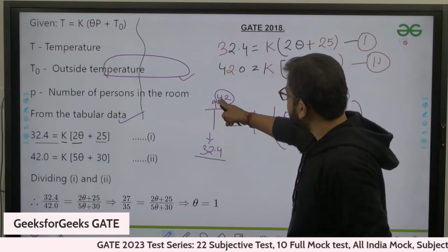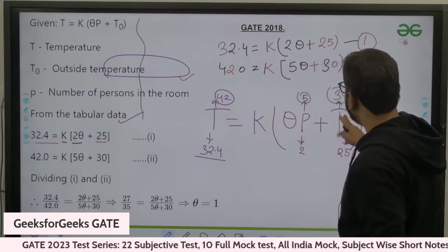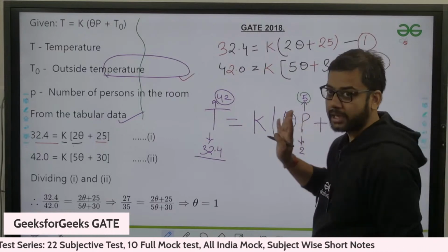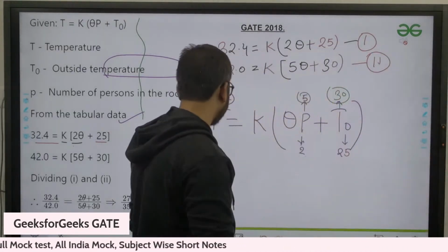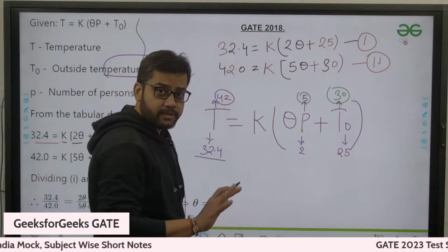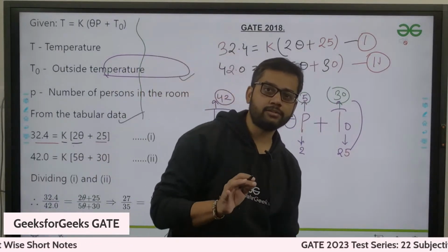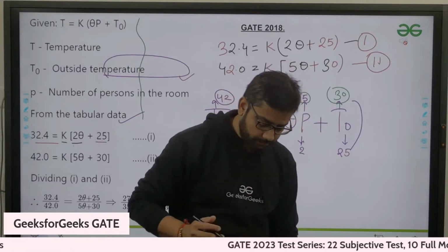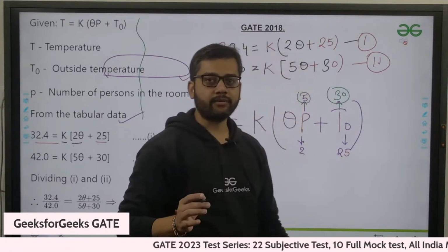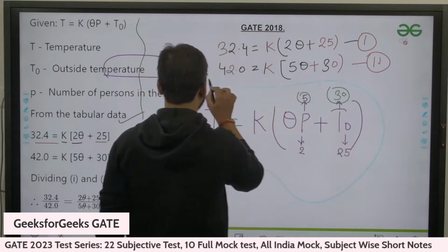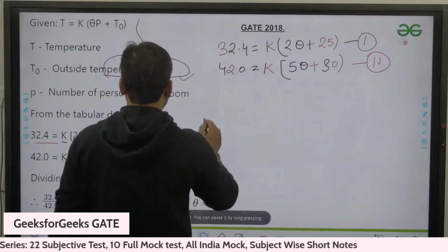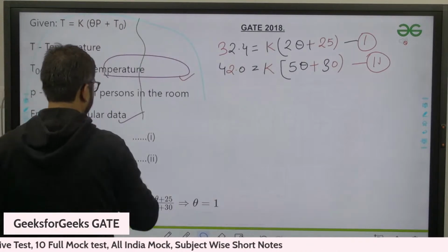Secondly, putting T is equal to 42, P is equal to 5, T naught is equal to 30, I have created equation number 2. Now I'm removing all the remaining data. Till now, this is a very easy task, the basic task we did in class 9th, 10th.